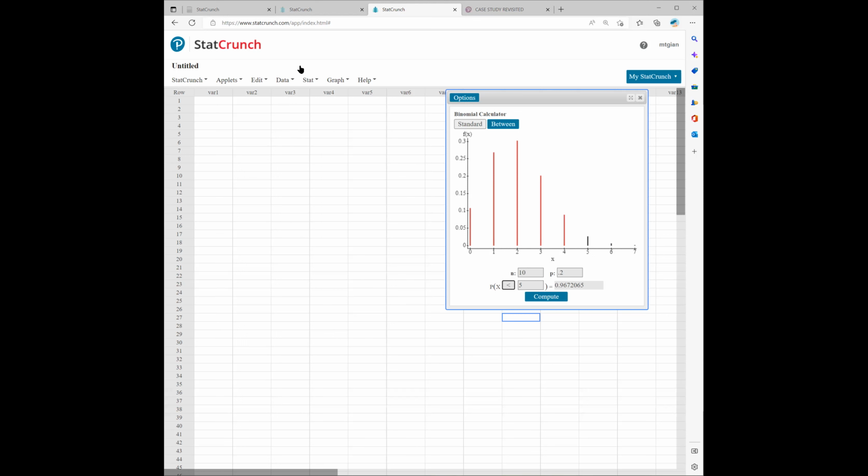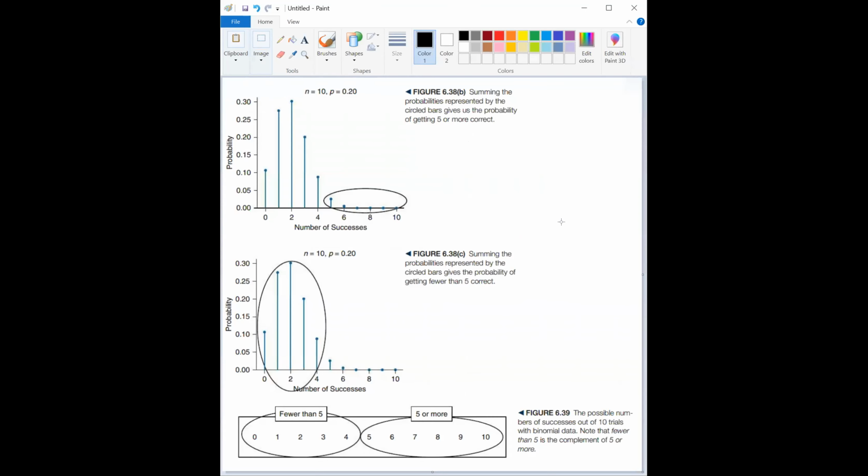Okay, I think I have some pictures for this. Okay, yep. So what we've got here are the picture distributions from the text. What they show is the probability. So you've got 10 trials.